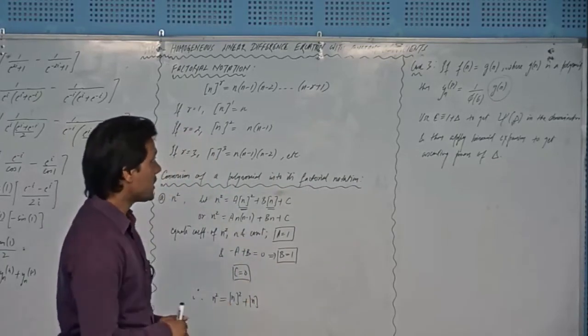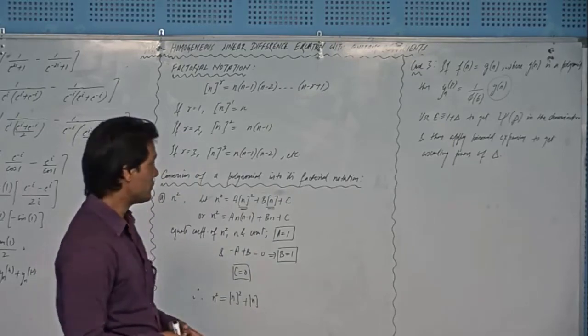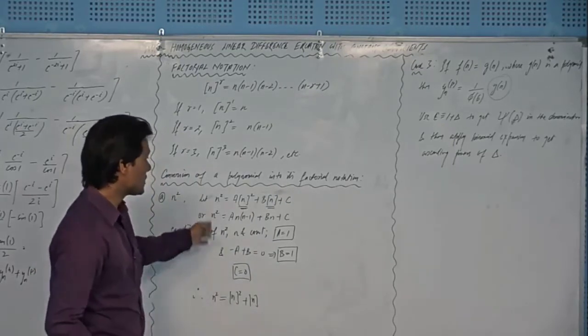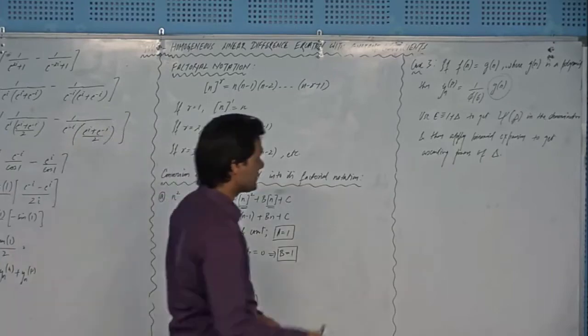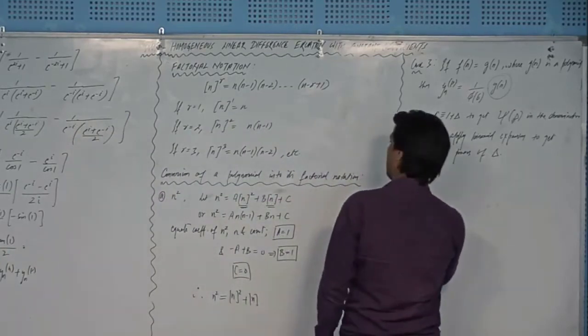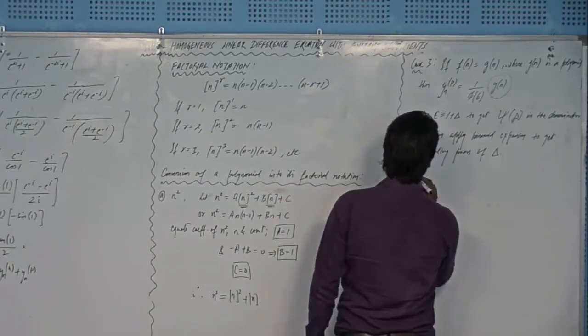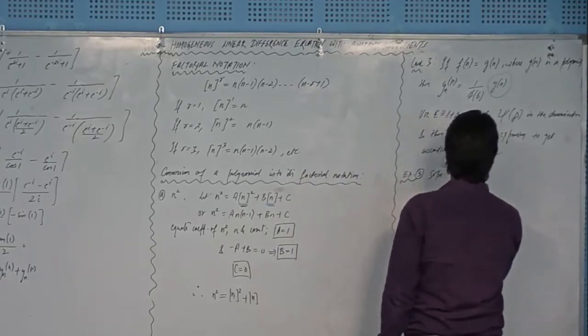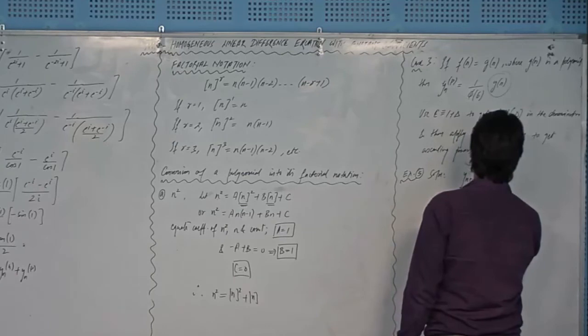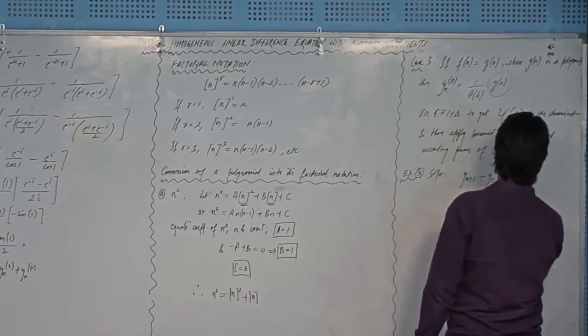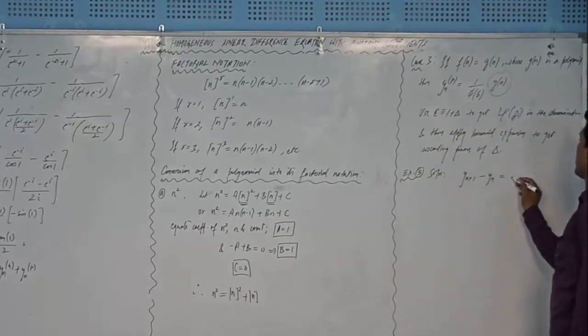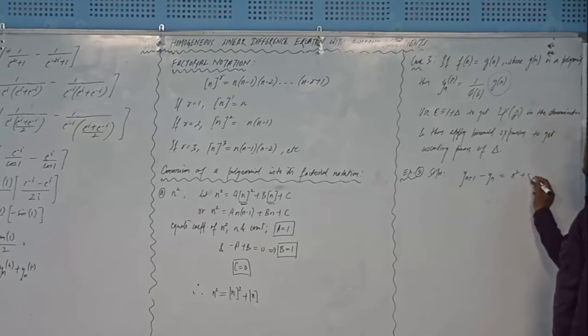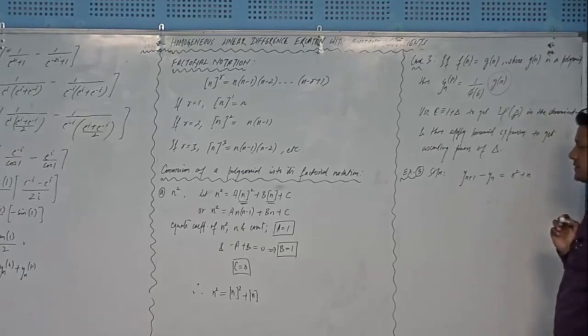Now I will take an example and try to explain this concept. Example number 5: solve y(n+1) minus y(n) equal to n square plus n, a polynomial.